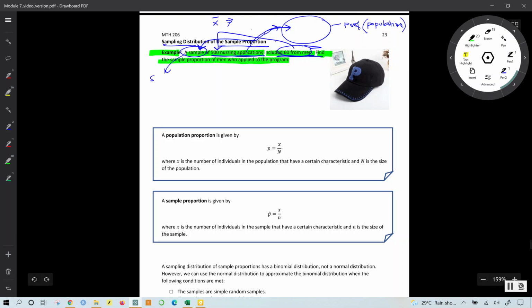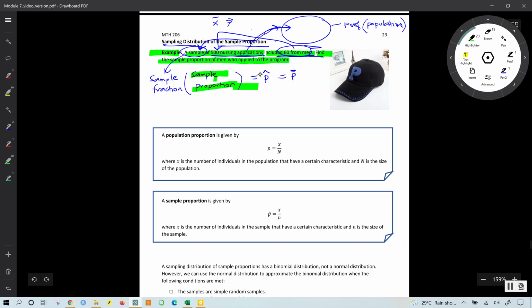So as far as the sample is concerned, there is a sample fraction here. In English, you will call it a sample fraction. In statistics, we will call it a sample proportion. That sample proportion, rather than writing the whole full English, we choose to write these symbols. We can either write p hat or even p bar.